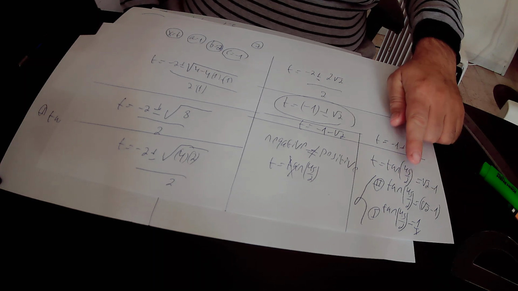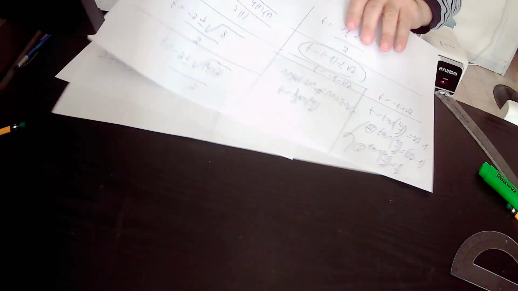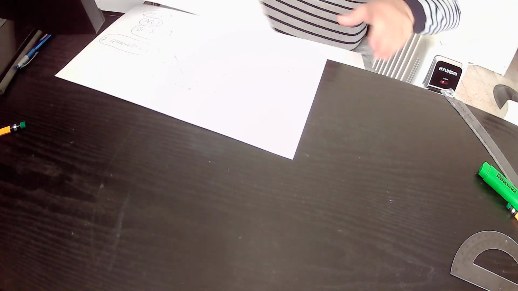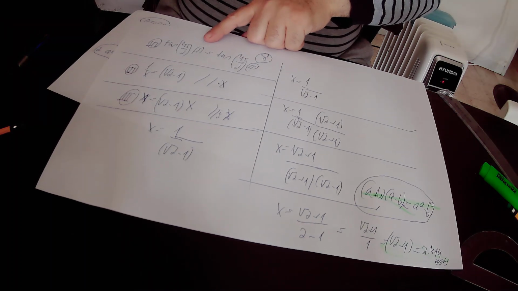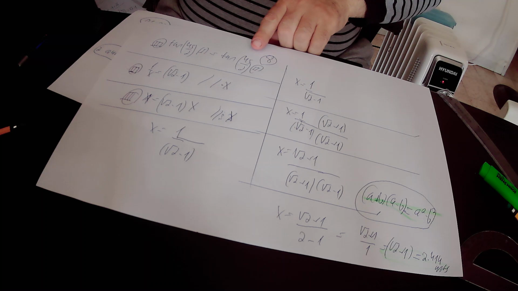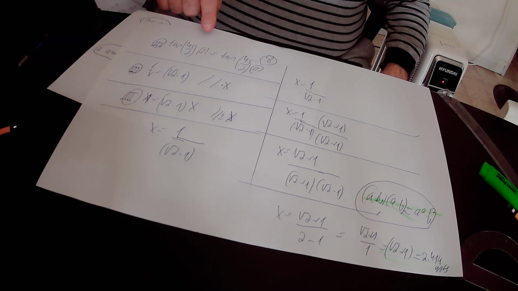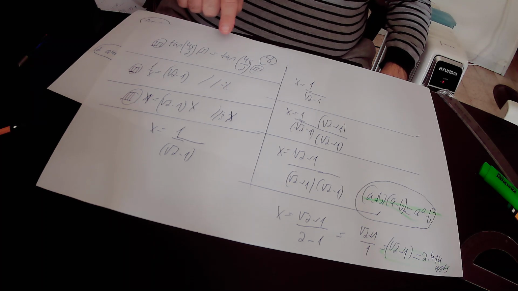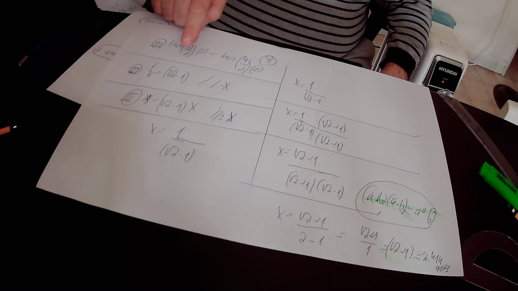Therefore, we create equation number 3, which states that tan of 45 over 2 degrees according to equation number 1 must be equal to tan of 45 over 2 degrees according to equation number 2. That is, 1 over x must be equal to the square root of 2 minus 1.